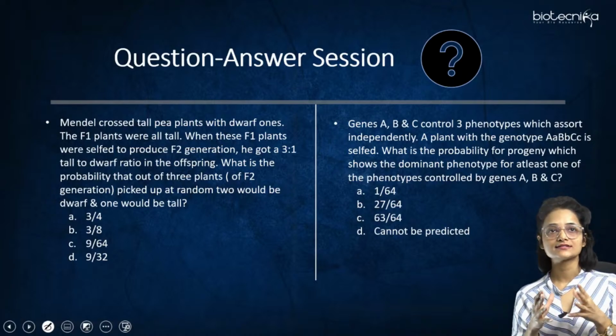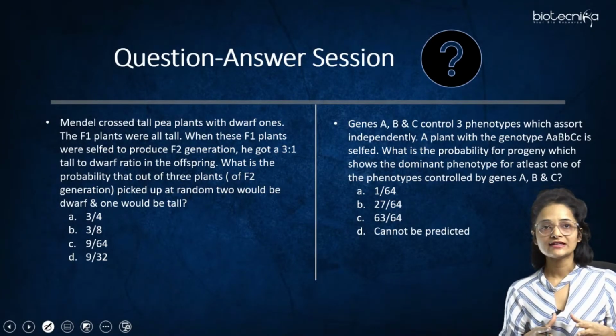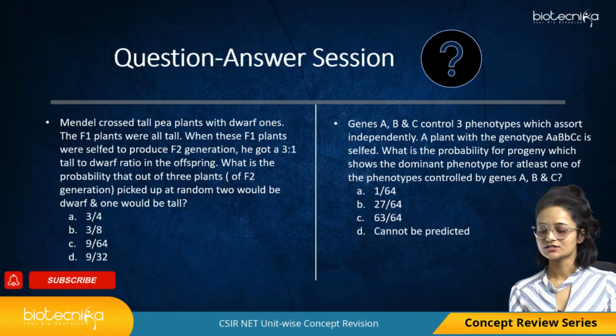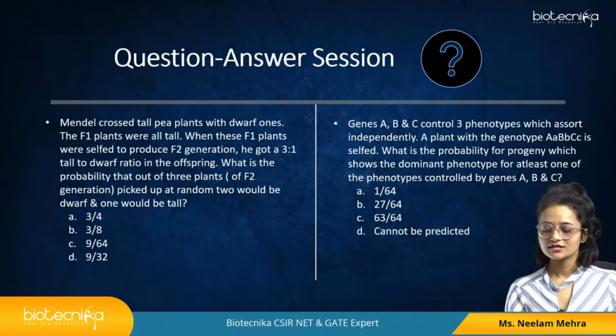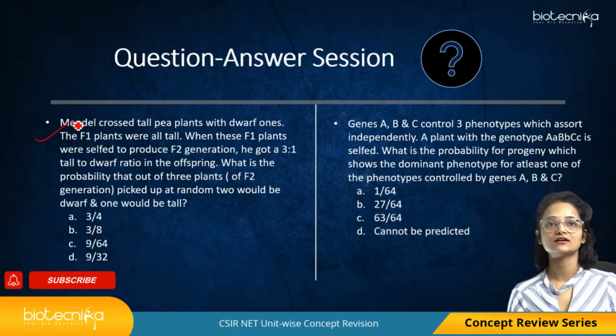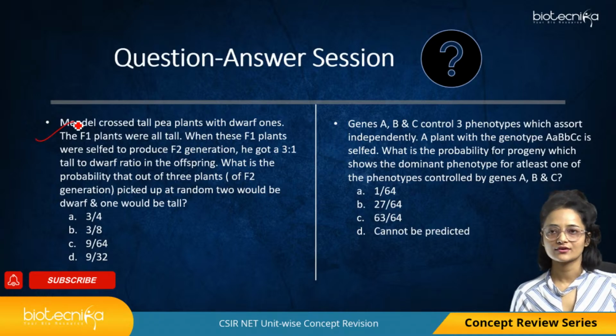So here are two questions for all of you. Whatever we have discussed till now, these questions need to be solved through that observation. First it says that Mendel crossed tall pea plants with dwarf ones, right? The F1 plants were all tall.